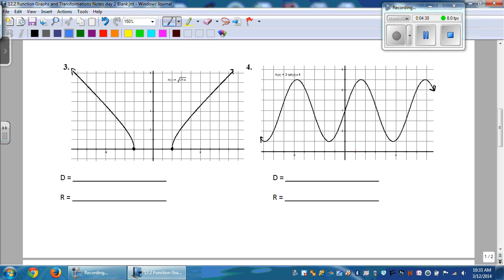Okay. And the domain for the next one. So how far left, how far right. So it looks like it's here and it's going to go on forever this way. There is nothing in this space here. Okay, that's a hole. There's no graph drawn there, and then it starts there and goes this way. This point here looks like it's at -2, 0, and this point over here looks like it's at 2, 0.